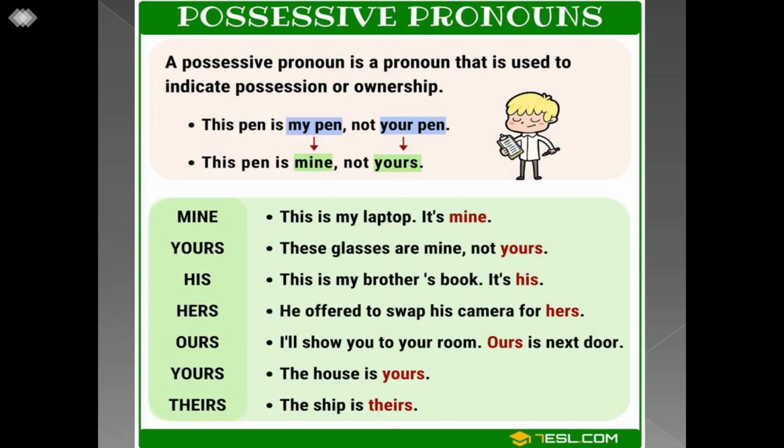This is my brother's book. It's his. He offered to swap his camera for hers. I'll show you to your room. Ours is next door. The house is yours. The ship is theirs. So these sentences tell you the possession or ownership of certain things or objects in a sentence.